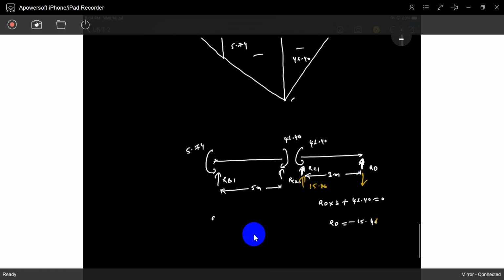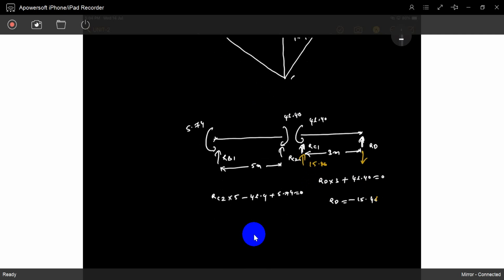So write RC2 multiplied by 5 minus 46.4 plus 5.74 equals 0. So 46.4 minus 5.74 will give 40.66, divided by 5, so 8.132.